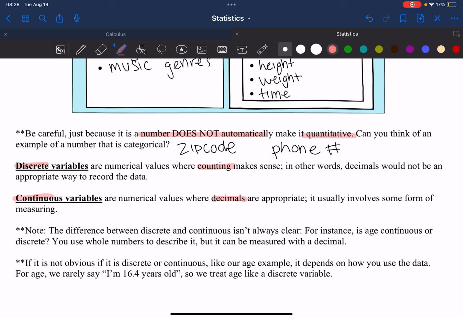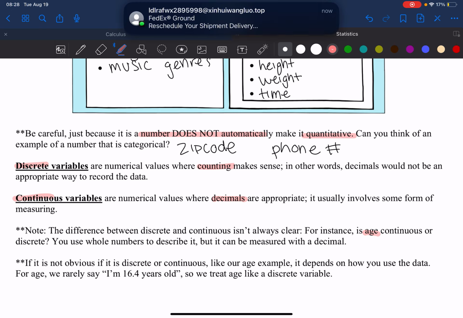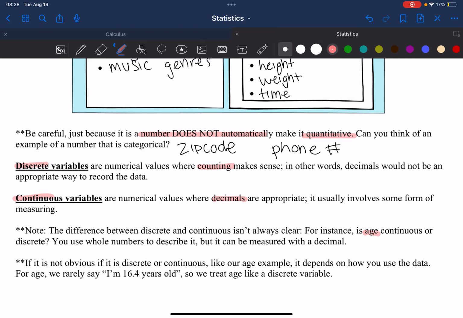There are special examples, and one special example is age. Okay, when you go up and tell somebody your age, you don't say, oh, I'm 17.895 years old. You just say that you are 17, 18, 19, 20, etc. So age is discrete.